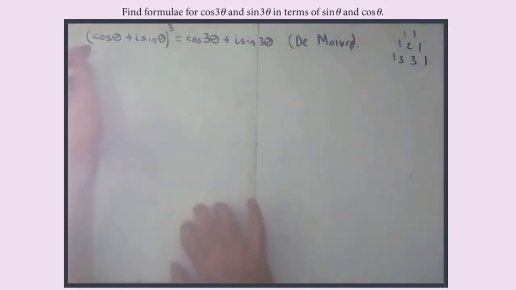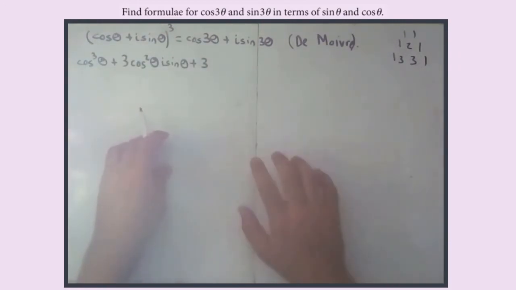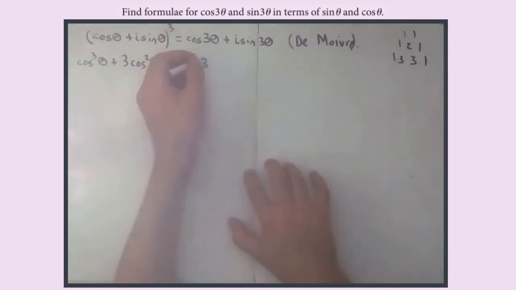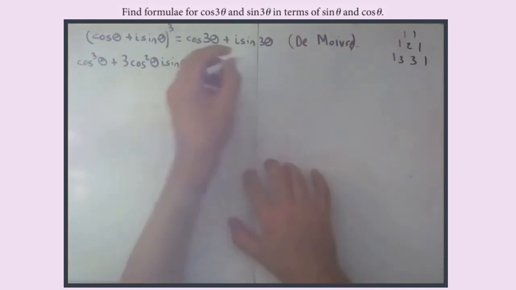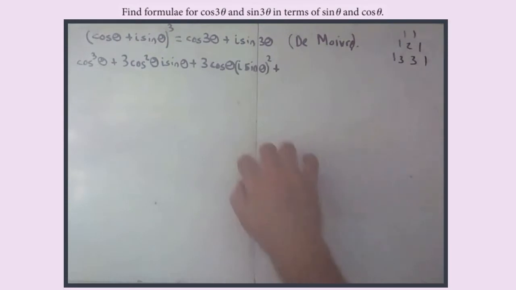Okay, so this is going to be cos cubed θ plus 3 cos squared θ times i sin θ, plus another 3, and that would be cos θ times (i sin θ) squared, plus the final bit is going to be (i sin θ) cubed.